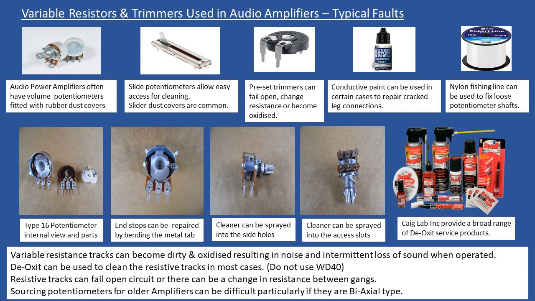Now it may purely be that the track is just dirty, so you just need to clean it. But if that resistance has changed over time, and like all resistors, they can, then the ohmic value is no longer within tolerance to the other gang as well, and you'll probably need to replace it then.